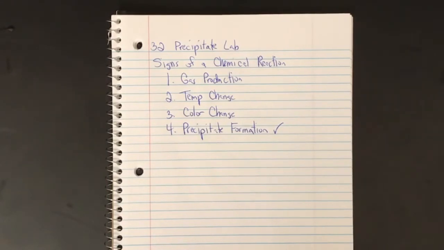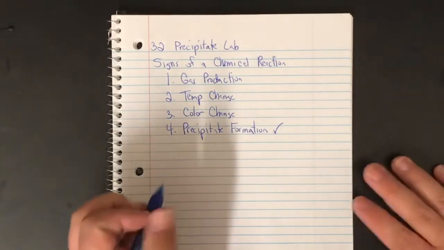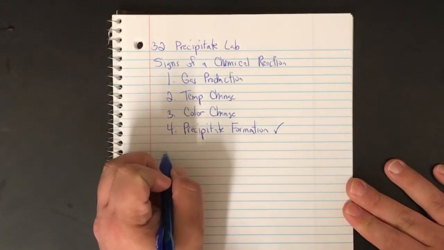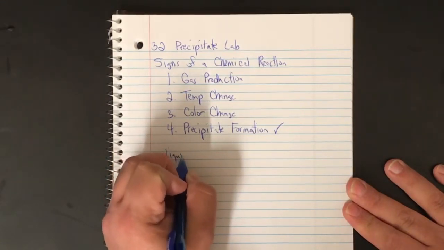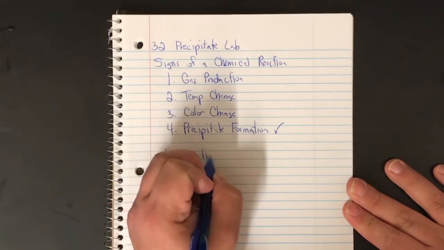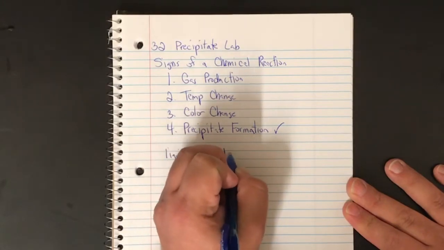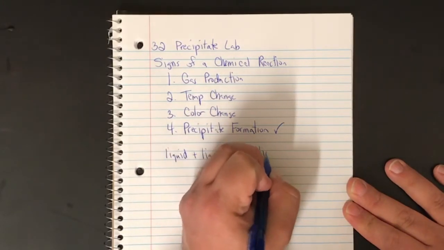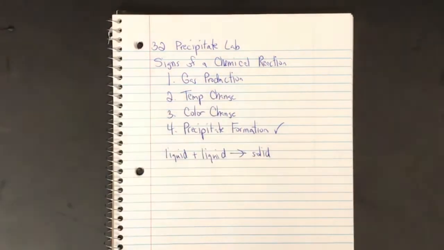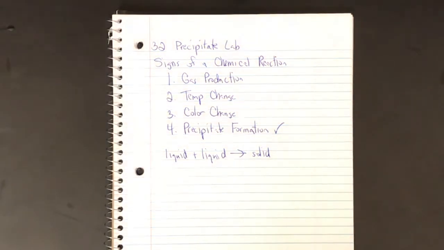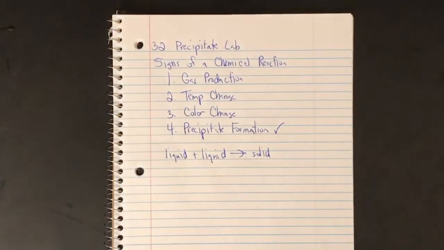And the reason why this is called a precipitate is because it occurs when you take 2 liquids and you get a solid as one of the products. That solid usually forms tiny clumps that either float to the surface or sink to the bottom. In the case of today's lab, it's going to float to the surface. So that name, precipitate, may not make much sense because it's not falling, but they do typically fall.